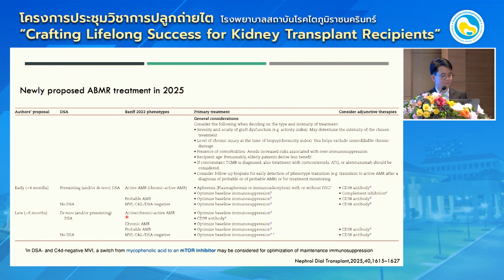But for those patients that have late rejection, we can only optimize the immunosuppression. We need more data and more studies to show how we can optimize the immunosuppression for the patient. And they proposed the role of anti-CD38 antibody as adjunctive therapy.